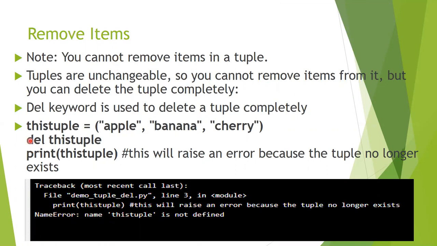For example, we create a tuple containing elements apple, banana and cherry, and we write del this tuple, and after that if we try to print this tuple, it will raise an error because the tuple no longer exists, because we have deleted it.